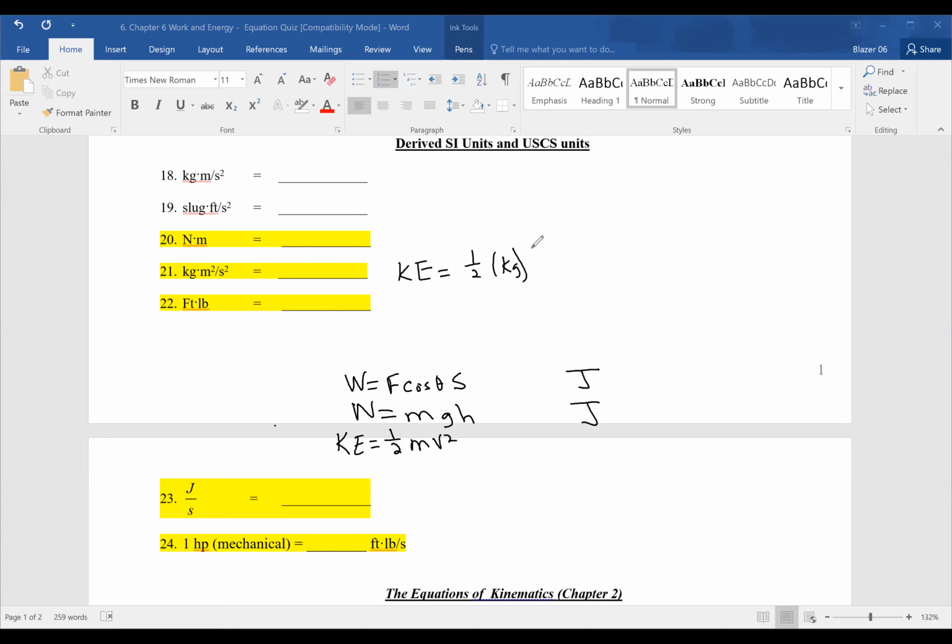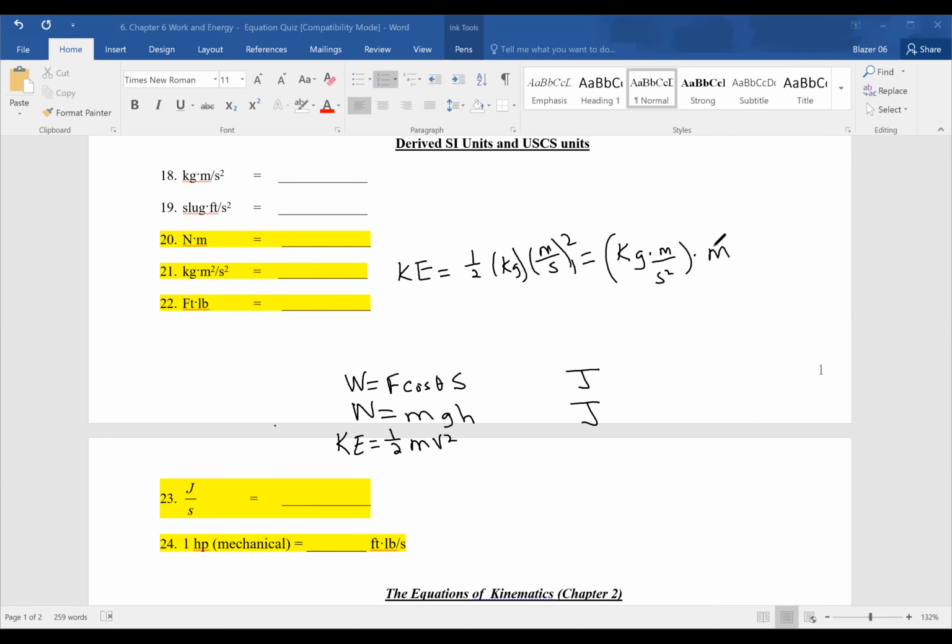The speed is in meters per second, but it has to be squared. So of course we have a kilogram meter square per second square. If I break that down, I can write that like this: kilogram meter per second square times a meter.